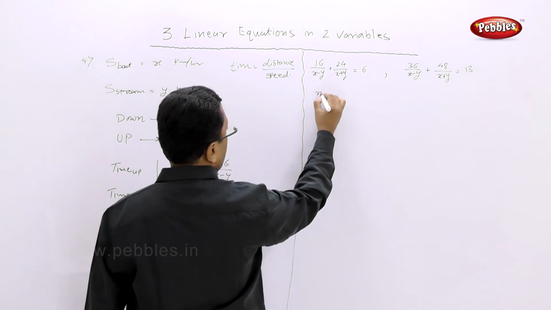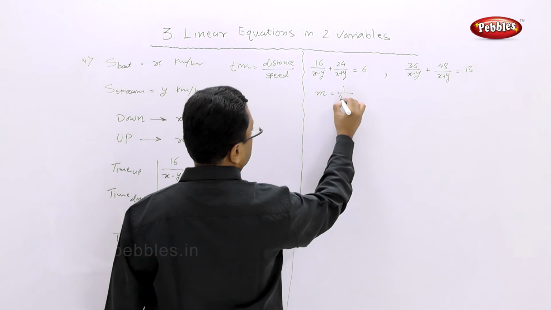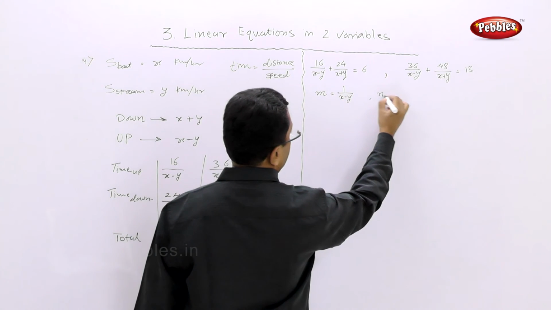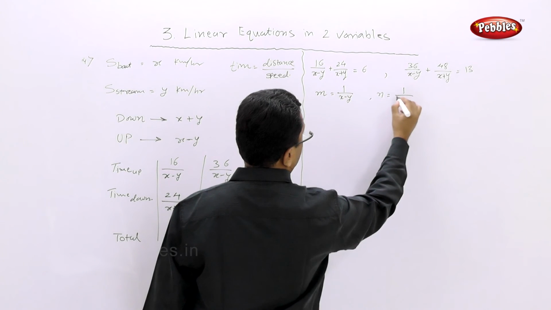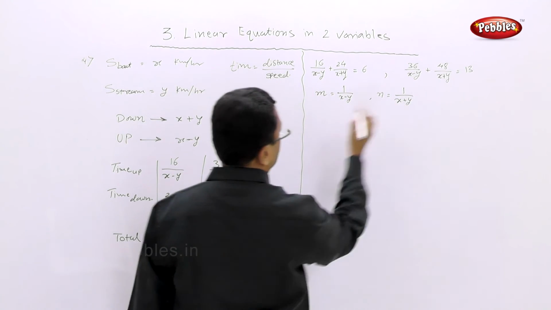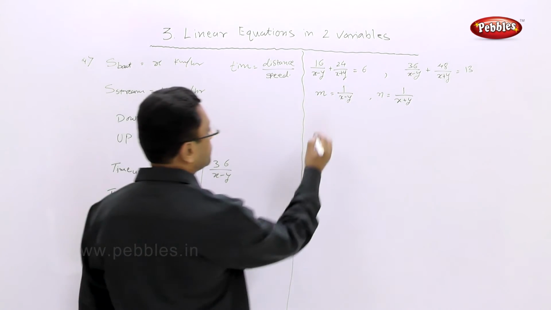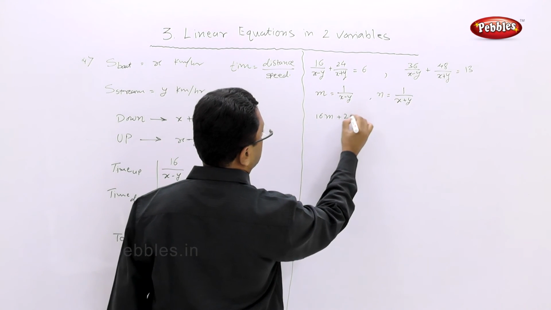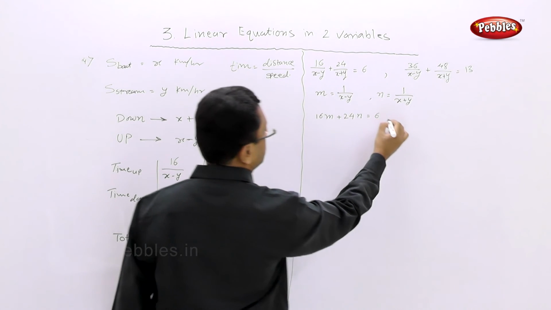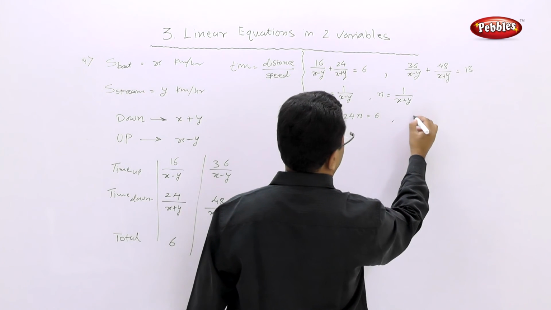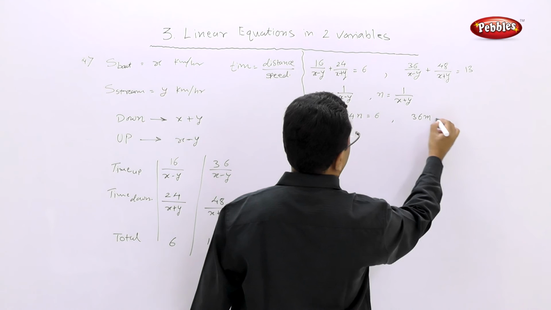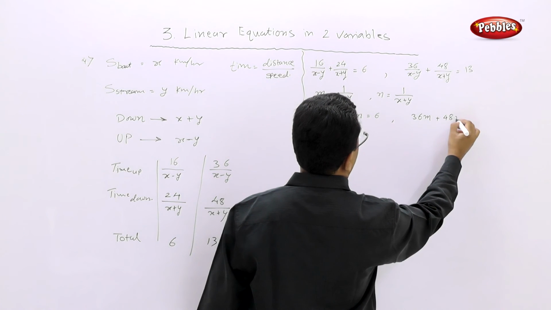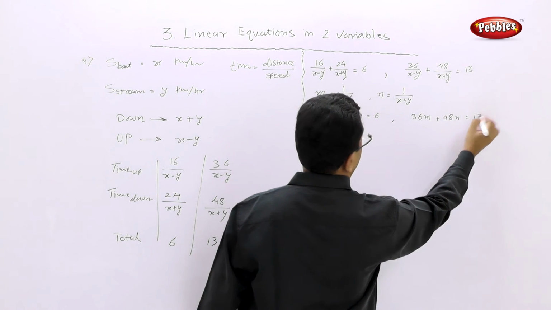Let m is equal to 1 upon x minus y and n is equal to 1 upon x plus y. So what will I get here? 16m plus 24n is equal to 6, and here I will get 36m plus 48n is equal to 13.